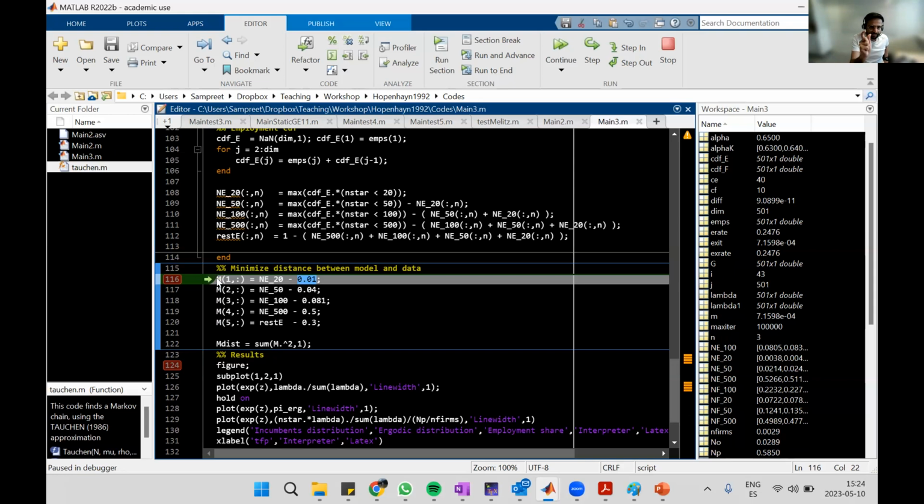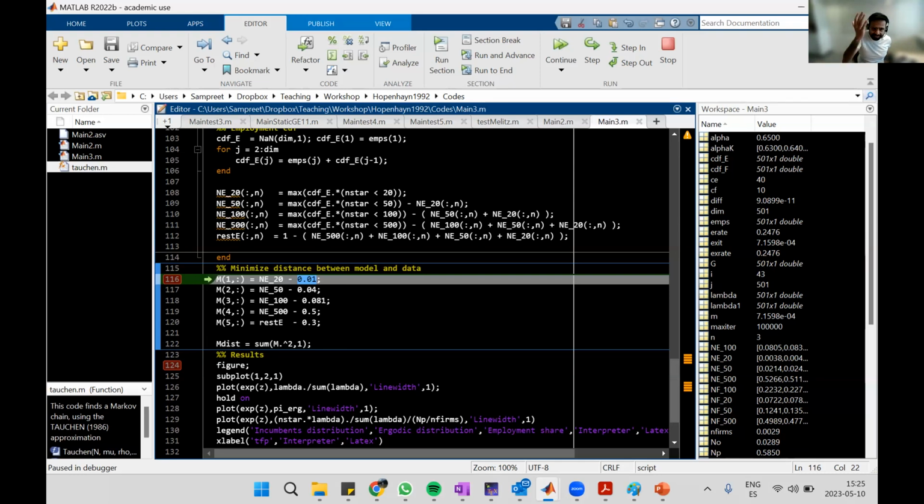And now I'm computing the distance between the moment that is implied by the model and the moment that is in the data. Here, the moment is the share of employment for firms with fewer than 20 employees. And I'm saying, oh, this is 0.003 for this alpha, it's 0.004 for alpha 3, and in the data it is 0.01. Okay, and I am doing it for all the moments. So I'm matching 5 different moments of the employment share distribution, which will try to capture the distribution itself.